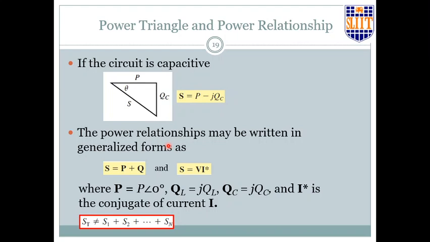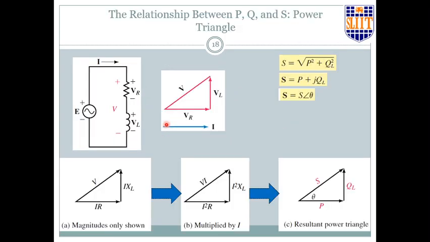Now the power relationship, S is equal to P plus jQ. We know that this is actually a complex number in the complex number domain. We represent Q values with respect to this triangle. Again, it's not actually a phasor diagram or a vector diagram, but to represent this relationship we can use complex numbers.